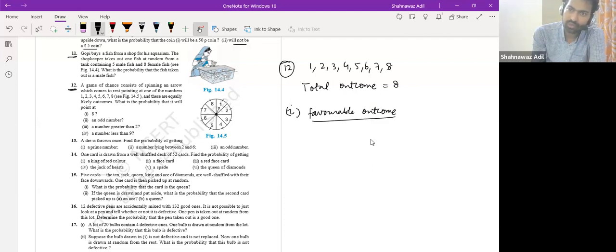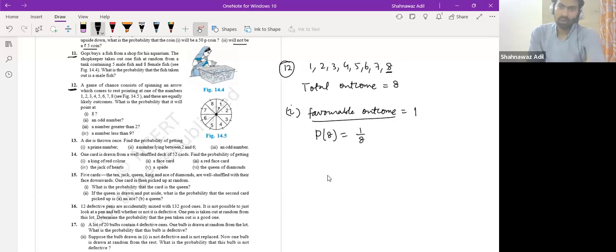If we spin it one time, how many eights can we get? One. So we have only one favorable outcome, only one chance of getting an 8. So the probability is 1 by 8.